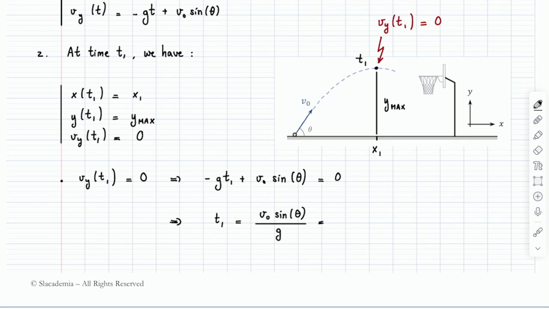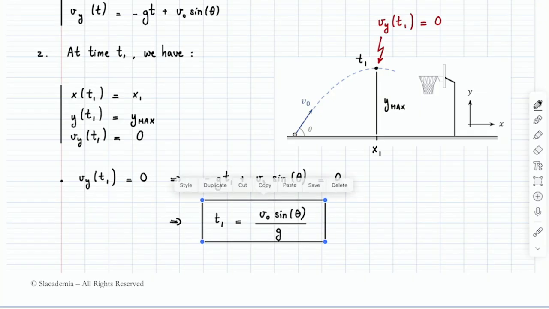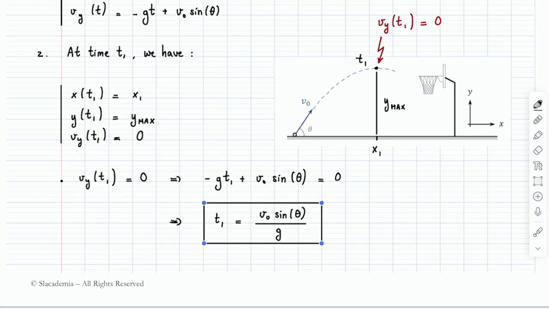V naught sine theta, it doesn't matter actually. I'm going to leave it like this because I could get a number and I could then plug a number into x of t and y of t, but just to practice variables, I'm going to plug in t1 as v naught sine theta over g. Okay, so that's the time it takes to reach this point. Again, once I have time in kinematics, I know everything.